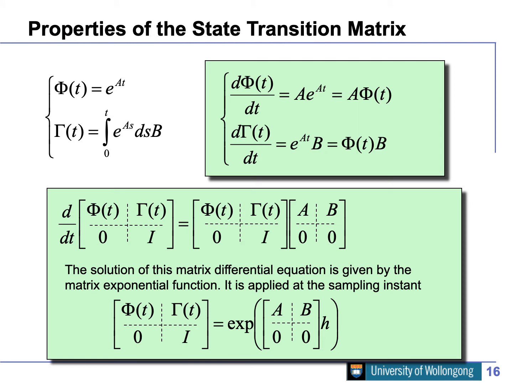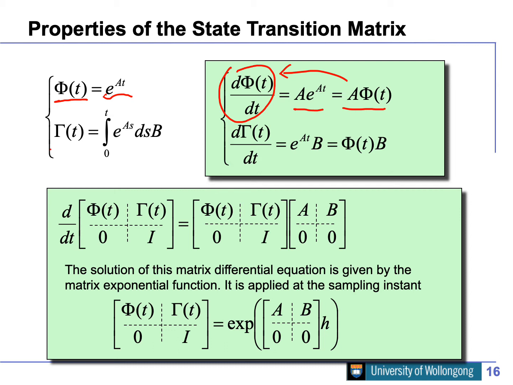Some properties of this state transition matrix. The state transition matrix is this phi. It's quite beautiful actually. If we take a derivative of this phi, because it's e^(At), the derivative is actually A multiplied with e^(At), which is A phi(t). So it's very good in a computational way, because taking a derivative of this thing becomes just multiplication. You don't actually have to do the derivative.